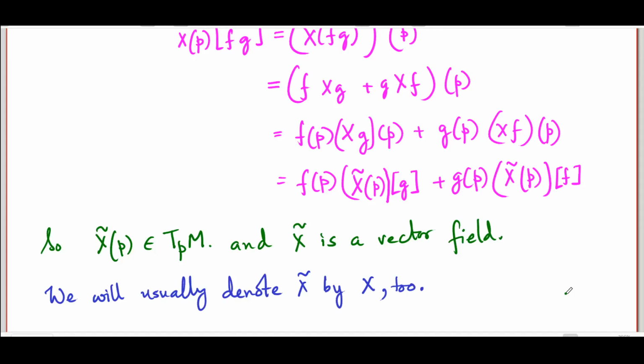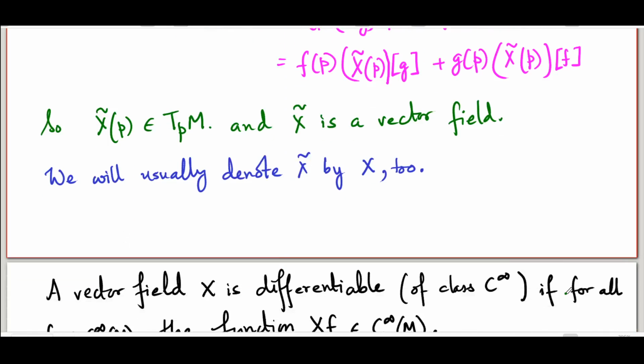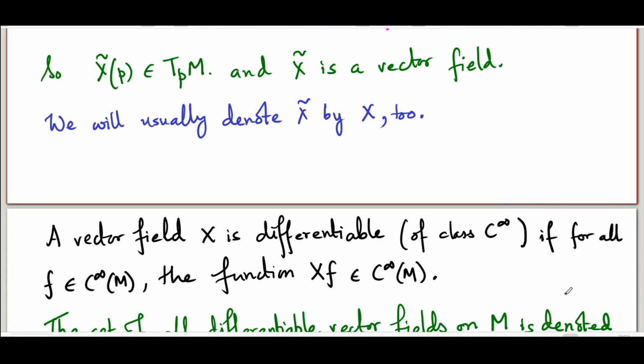Let us now turn to the special kind of vector fields that we have referred to before, the so-called smooth vector fields. A vector field X is called smooth or differentiable of class C infinity if for all functions f belonging to C infinity of M, the function Xf that you get by the action of X on f is also a smooth function, that is a member of C infinity of M. We can of course talk about X being differentiable of some class Ck as well, but those are really of limited importance, especially as far as physics is concerned.